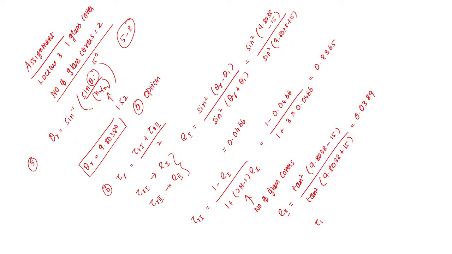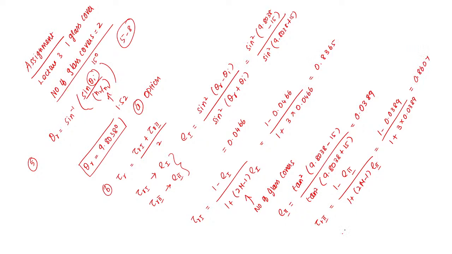From this you calculate tau r2, which is 1 minus rho 2 upon 1 plus (2m minus 1) into rho 2. So this is 1 minus 0.0389 upon 1 plus 3 into 0.0389.